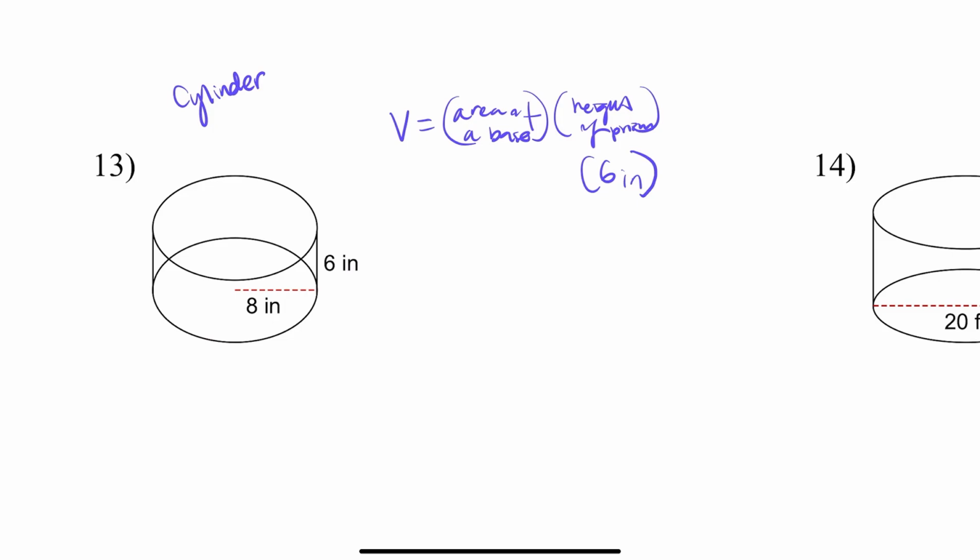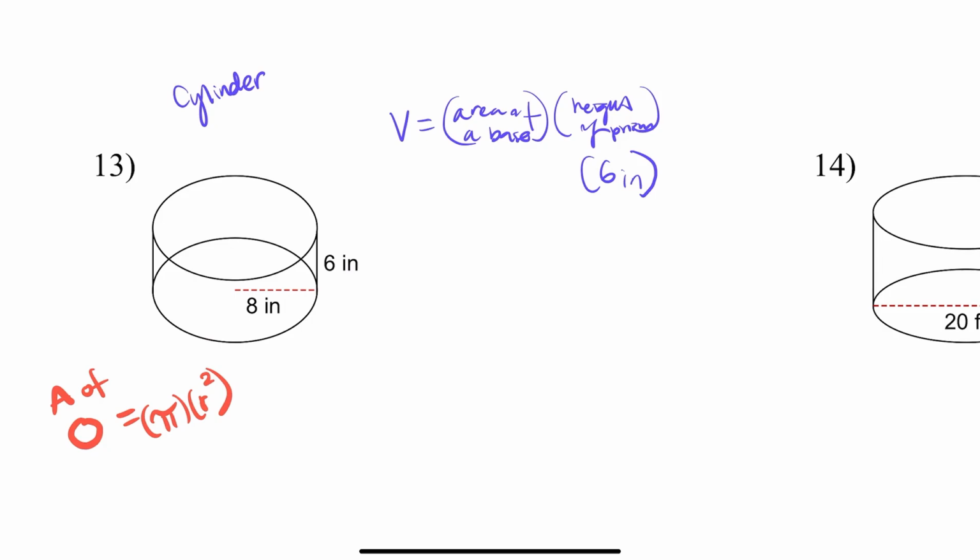And then I need to find the area of the base. So another refresher, right? Having to remember how to now find the area of a circle. My reminder is going to be, let's make it over here: area of a circle is always going to be pi r squared.